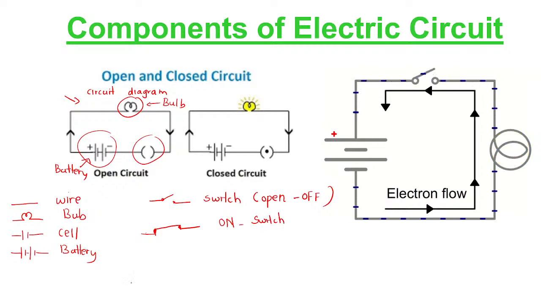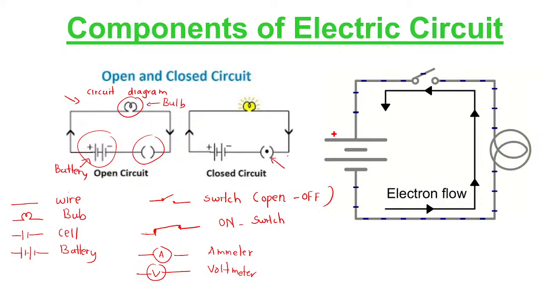So these are the basic symbols, and in your higher classes you are going to learn about these symbols. A for ammeter, that's V for voltmeter, and many more other symbols in your higher classes.